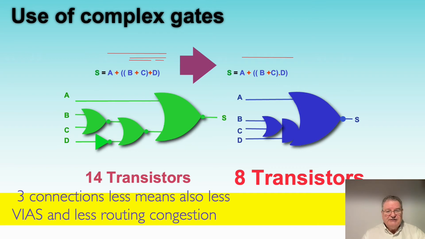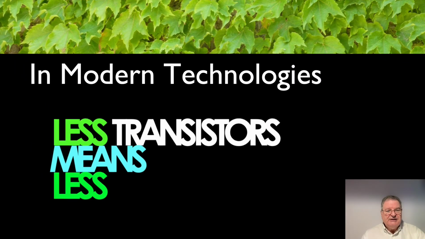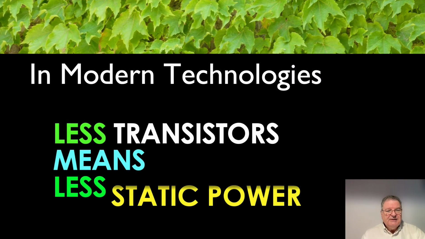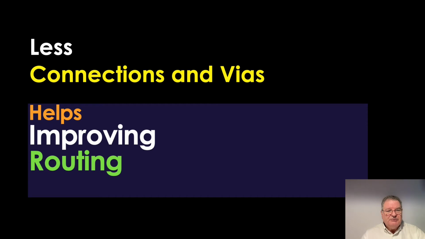So this is another interesting point of using more super gates or complex gates. In modern technologies, we consider that we need fewer transistors, and that means less static power. And fewer connections and vias help improve routing, this is for sure.